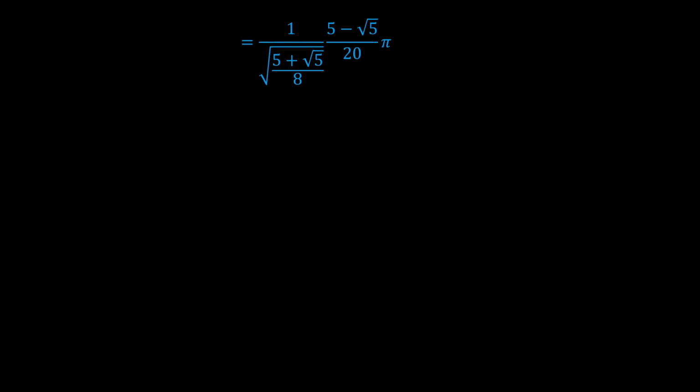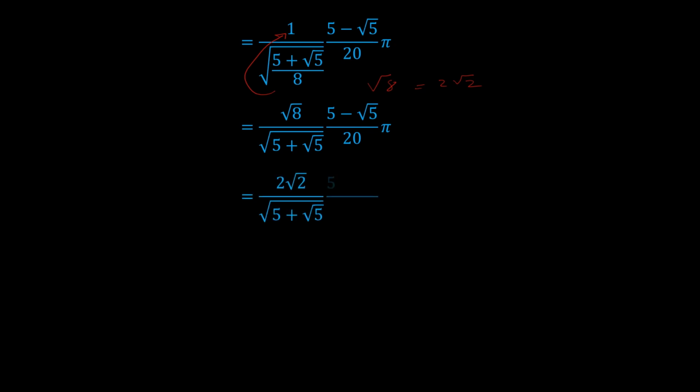First of all, this 8 here can go up here, and we know that square root of 8 is the same as 2 square root of 2 times 4. Square root of 4 is 2, so this is the same as 2 root 2, right? And then our expression here, we can simplify this further so that we have 2 root 2 over square root of 5 plus root 5, and then we have 5 minus root 5 over 20.